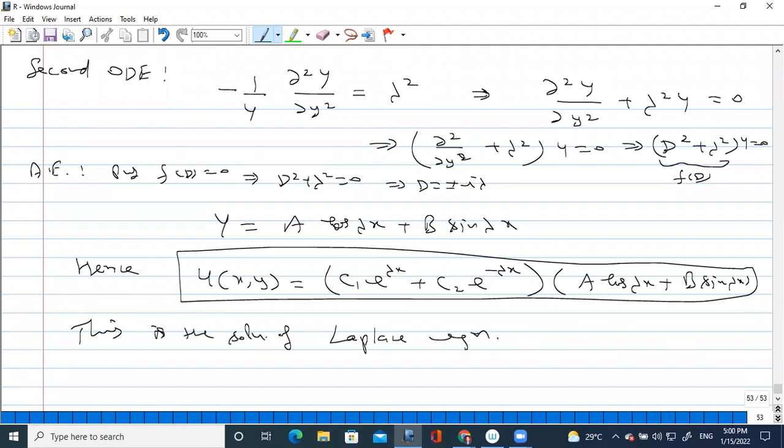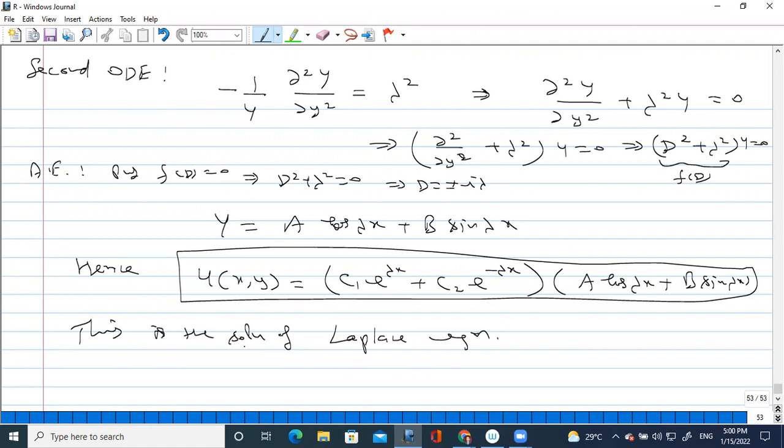Okay. So now what this solution shows, this also shows you the same temperature profile. Actually, Laplace is especially known for potential.